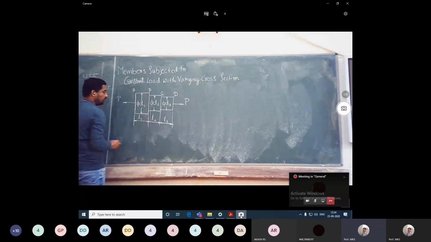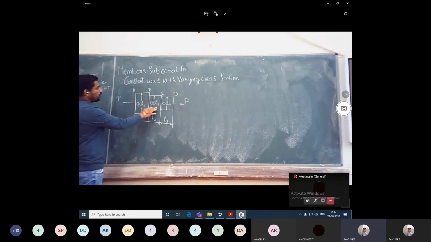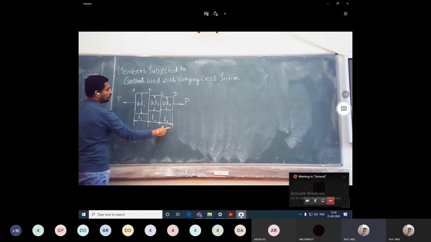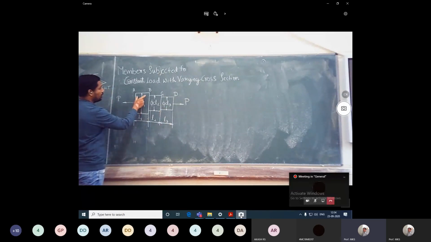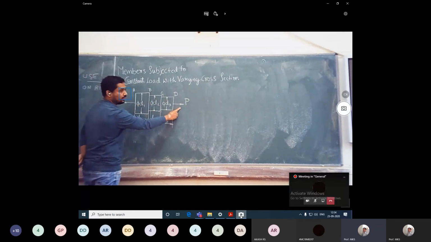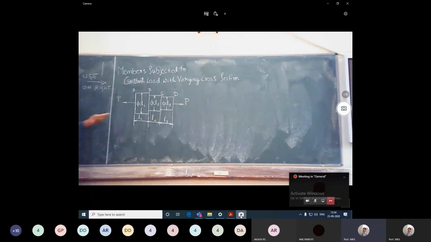So we have a stepped bar of diameter D1 for a length L1, diameter D2 for a length L2, and diameter D3 for a length L3, for the stepped bar AB, BC, and CD. It is subjected to tensile force P at the ends. That is the explanation for this diagram, so that you can write it by yourself.